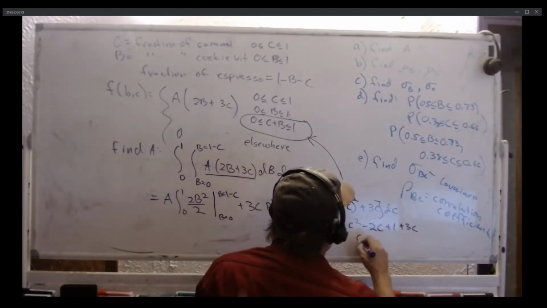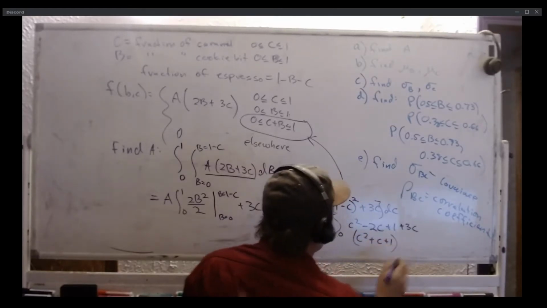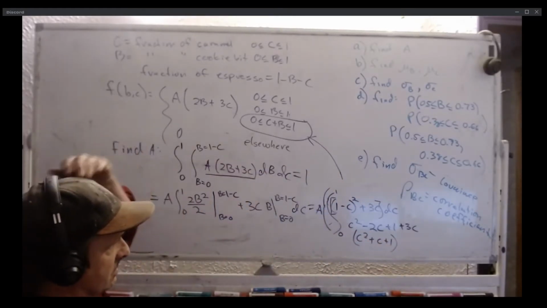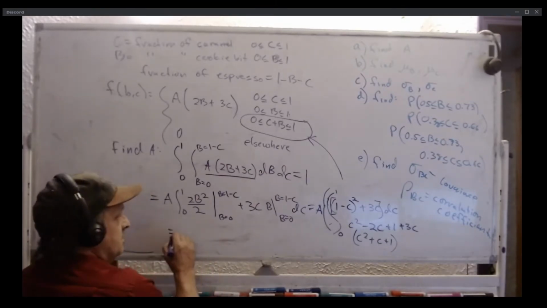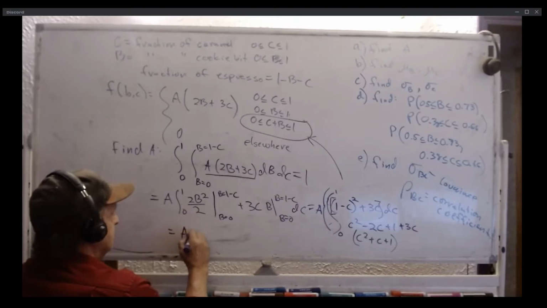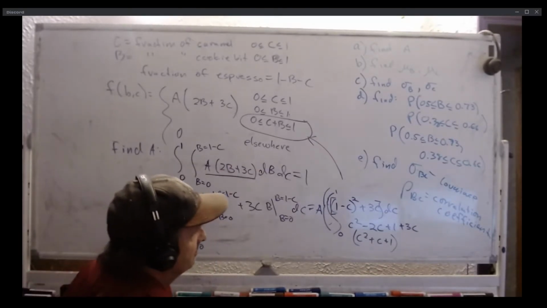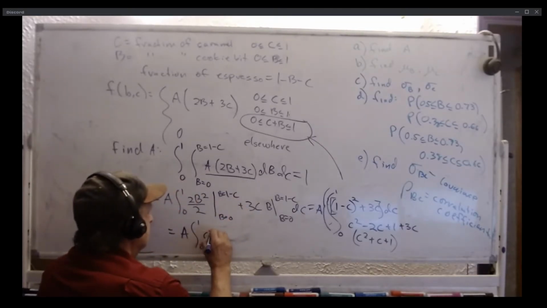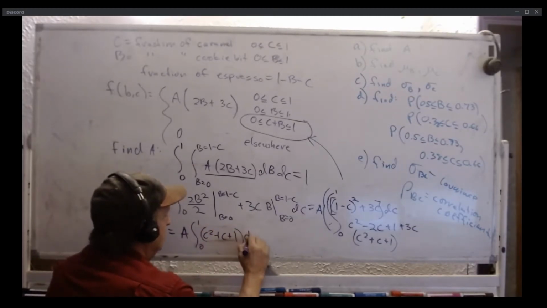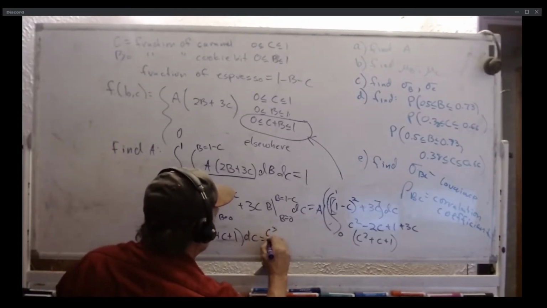So this is going to go to c squared plus c plus 1. That's going to be the integrand. Talk to me. Oh, I messed up. No, I didn't. Yeah, you're right. So we integrate this, and I get c cubed over 3.